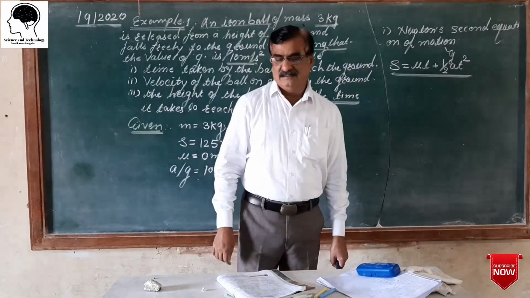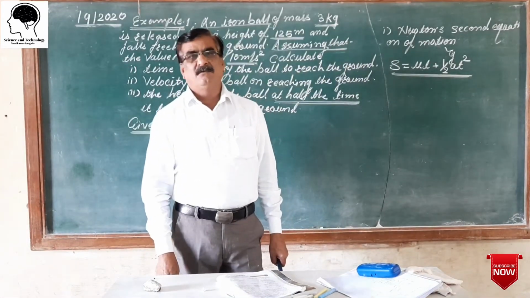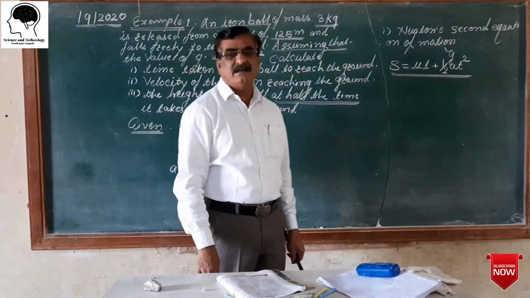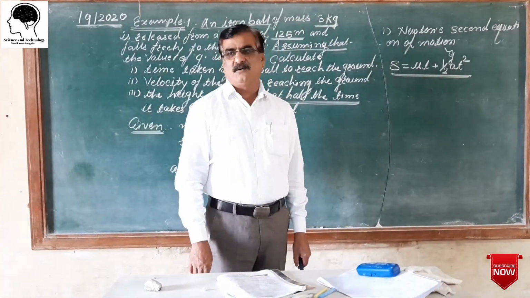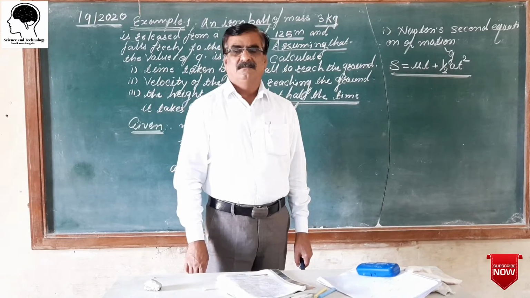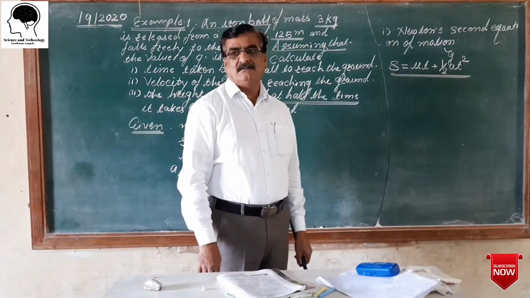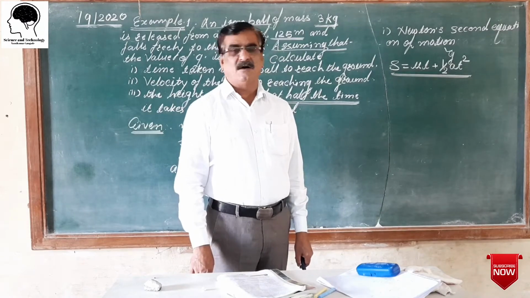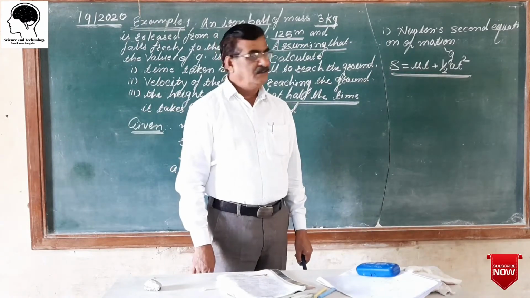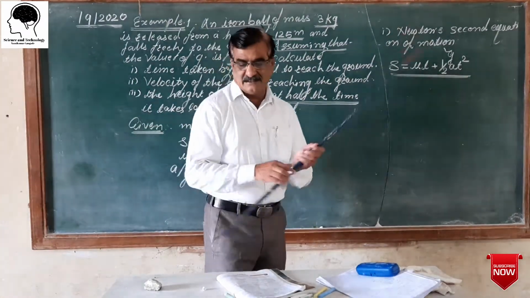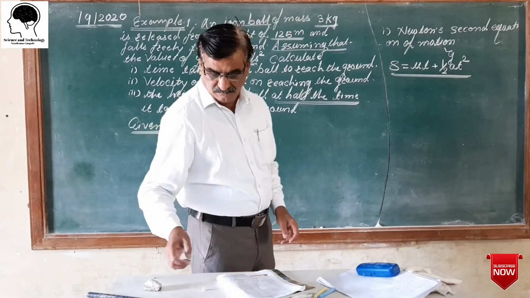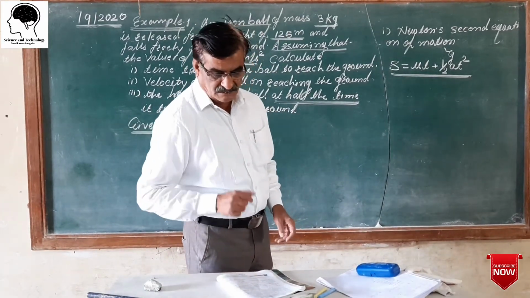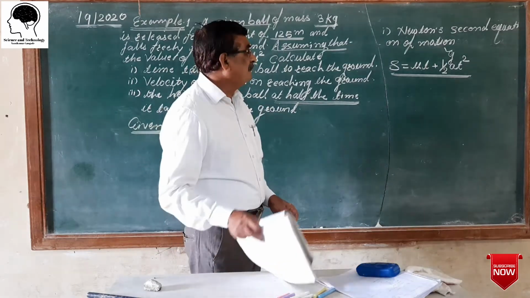And g we have to take as positive because the ball is falling in the downward direction. Thus there is no problem about the g.